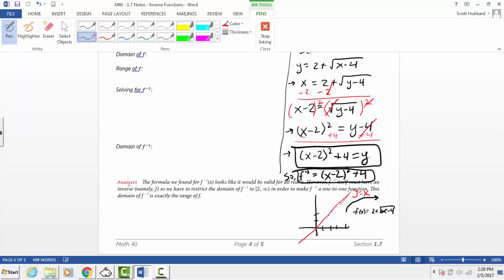That means this graph starts at 4, 2, so our inverse graph will start at 2, 4, right here, like that. And it's going to look like a parabola after that. So it's going to look like this. Okay. So this is f inverse.